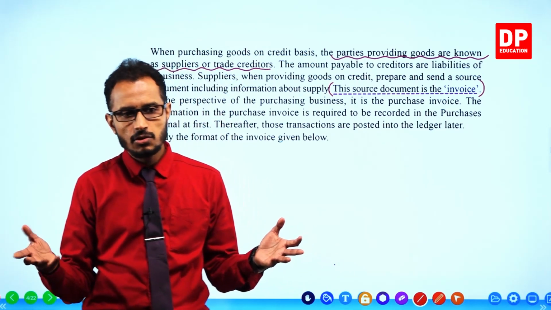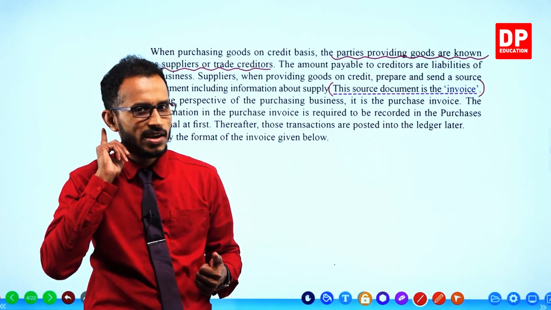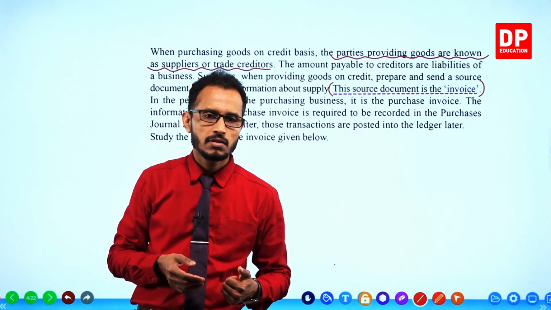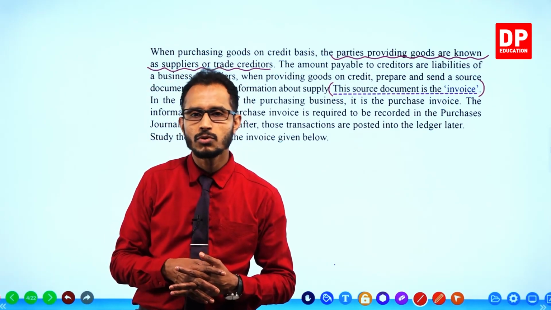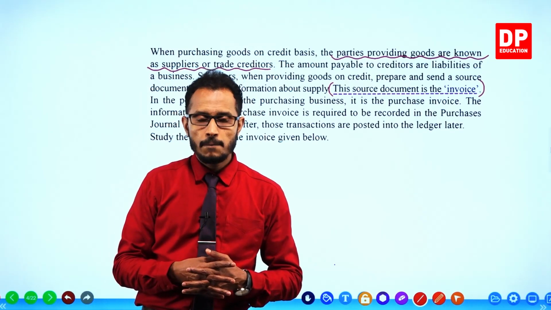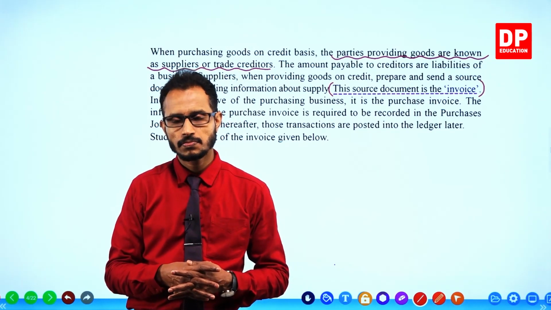So what are the goods that I sell? Hardware items? No. It's a bookshop. Books and stationeries. So I'm selling books and other stationery items.